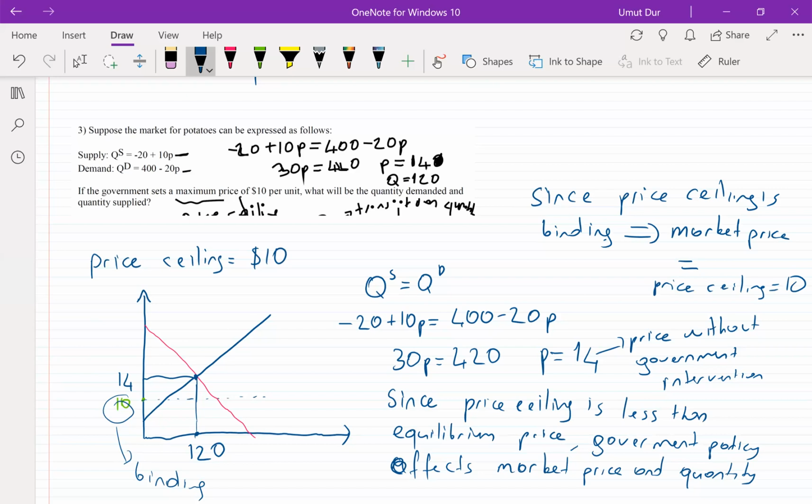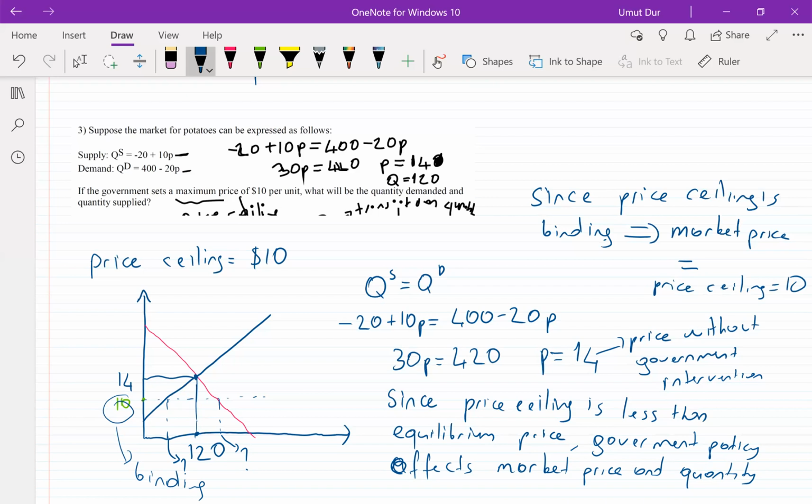Since the price ceiling is binding, the actual price that we will see in the market will be 10. Then what will be the actual quantity that we will observe in the market? It is either the intersection with the demand or the intersection with the supply, either this one or this one.